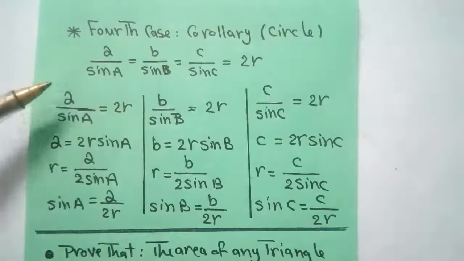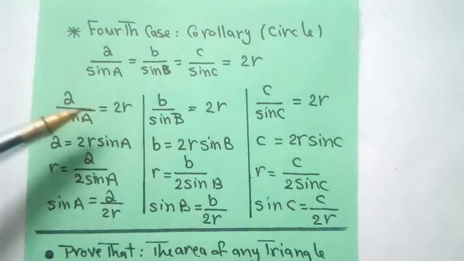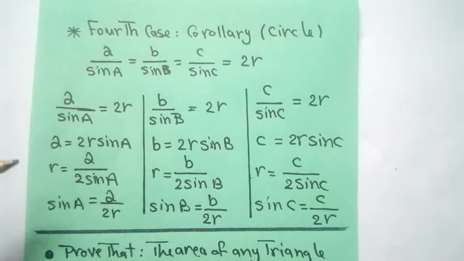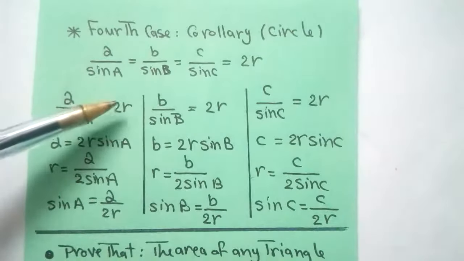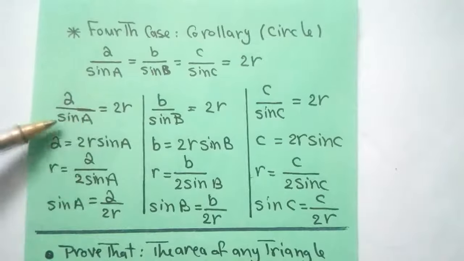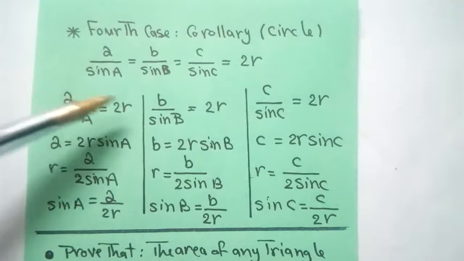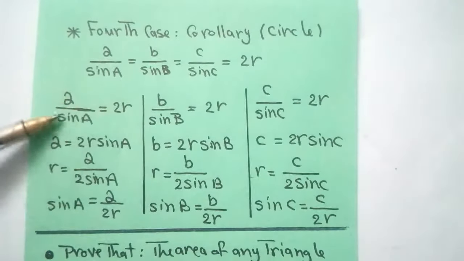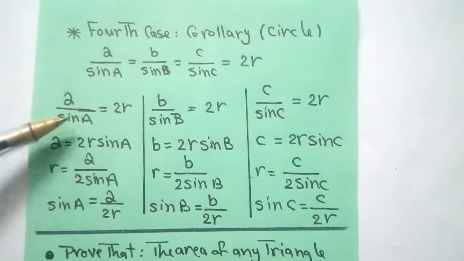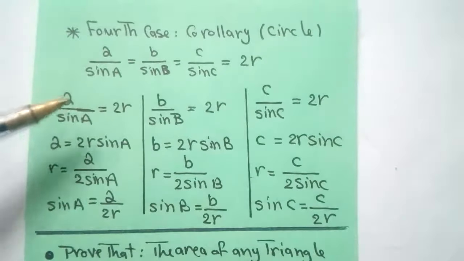If we take a over sine A equal to 2R, we get a equals 2R times sine A, so R equals a over 2 sine A, and sine A equals a over 2R.